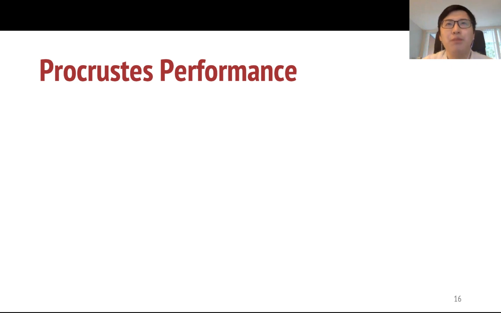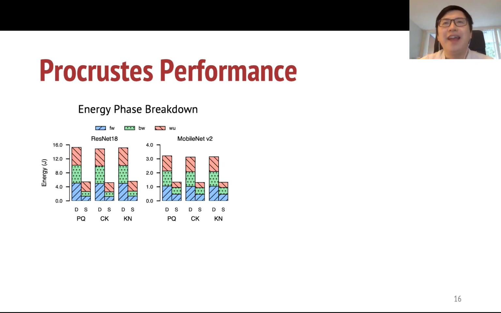Let's have a look at Procrustes simulation results. First, we present the energy results for training ResNet 18 and MobileNet version 2 on ImageNet. PQ, CK, and KN represent activation stationary data flow, weight stationary data flow, and our Procrustes spatial mini-batch data flow respectively. D and S represent dense baseline and sparse accelerator respectively.